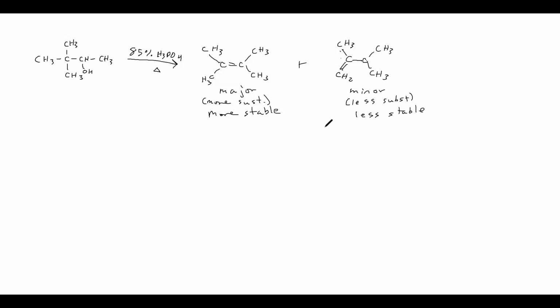All right, so what happens? The first step in the dehydrations is protonation of the alcohol, right, to make our substrate. And this is dilute, looks pretty strong, but it's not 100% phosphoric acid. So we're going to use hydronium as our acid source. The alcohol takes a proton from the hydronium.